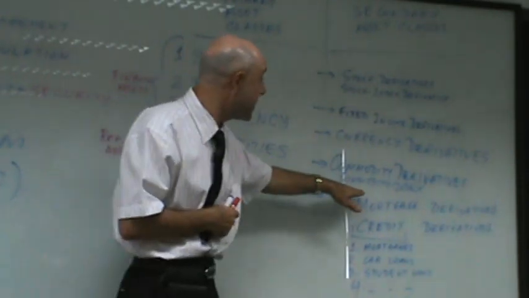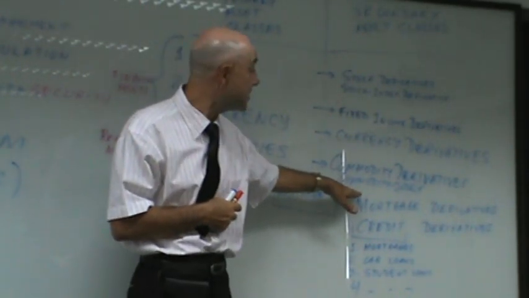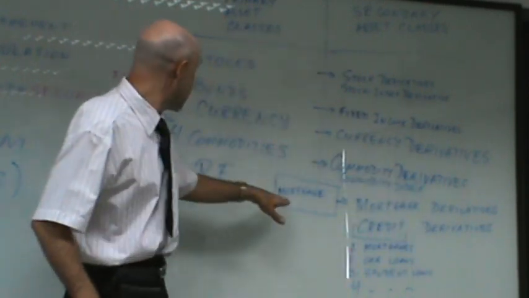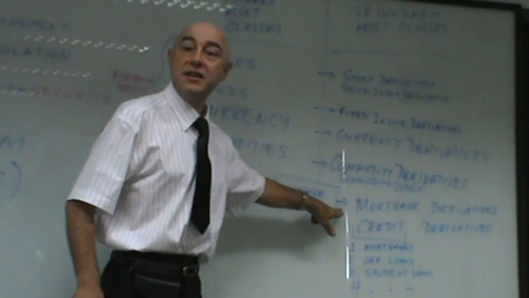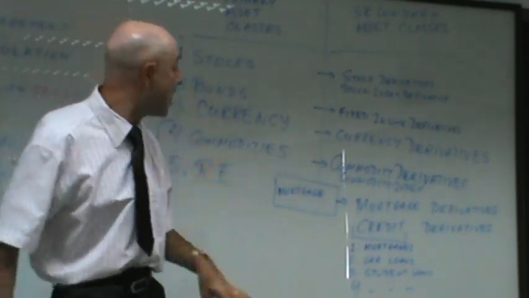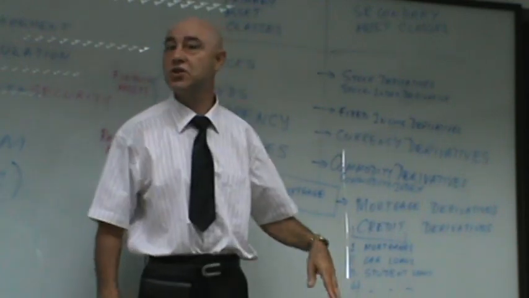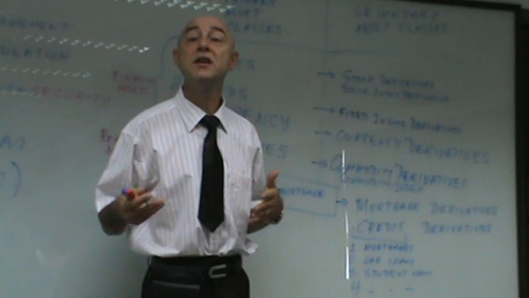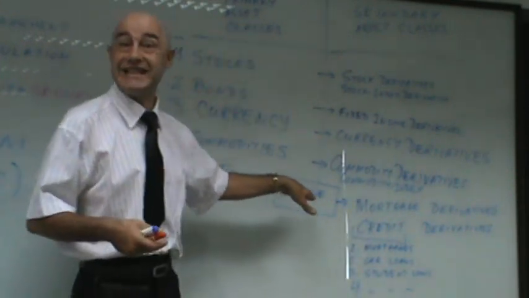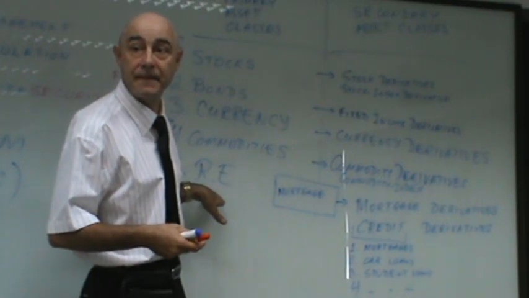So you may have different commodities or commodity indices that will be underlying. And finally, with credit derivatives, the underlying is a loan. Car loan, student loan, mortgage loan, some type of loan. If it's a mortgage loan, it will itself be based on real estate.